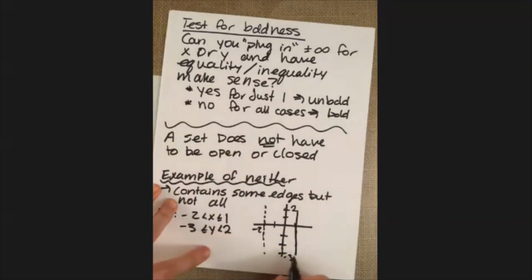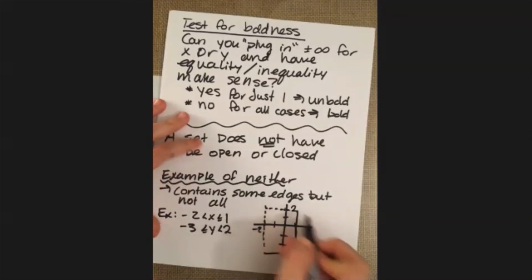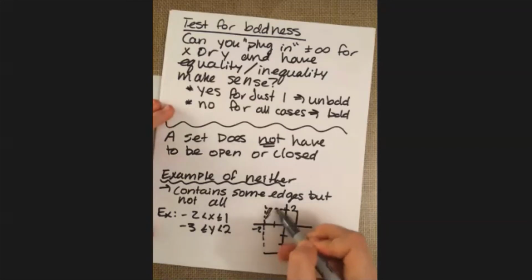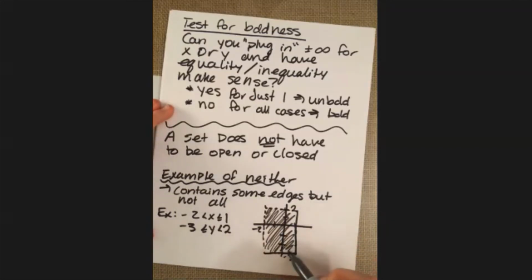And then similarly here, we do include the boundary for -3, but we don't include that upper boundary there. The area that we are coloring in is still going to be the same inside part right here. So this is a bounded set, but it is neither open nor closed.